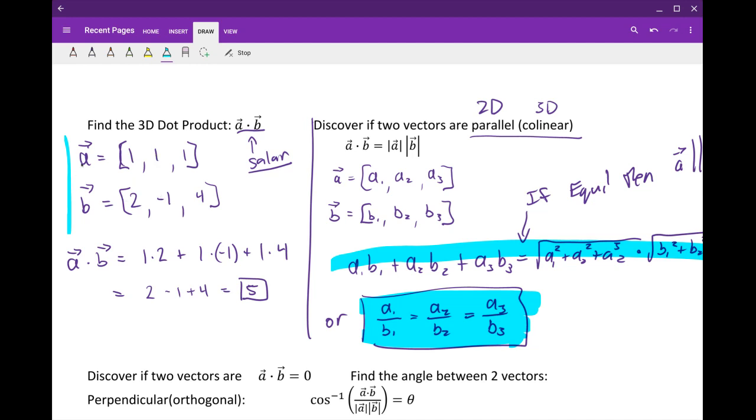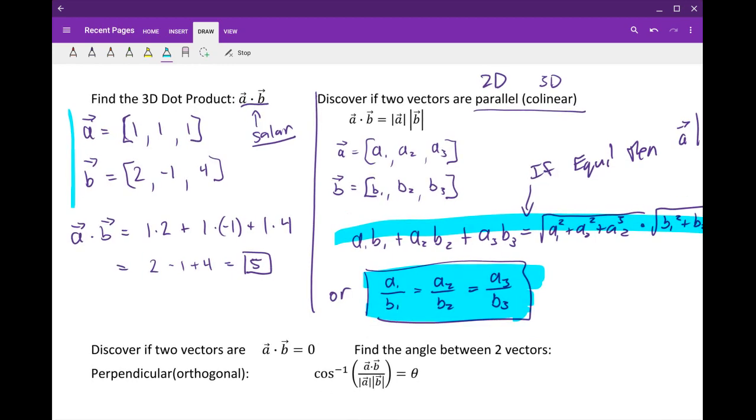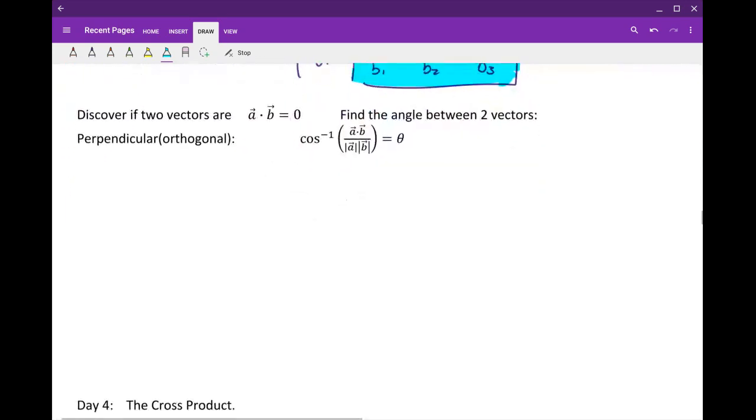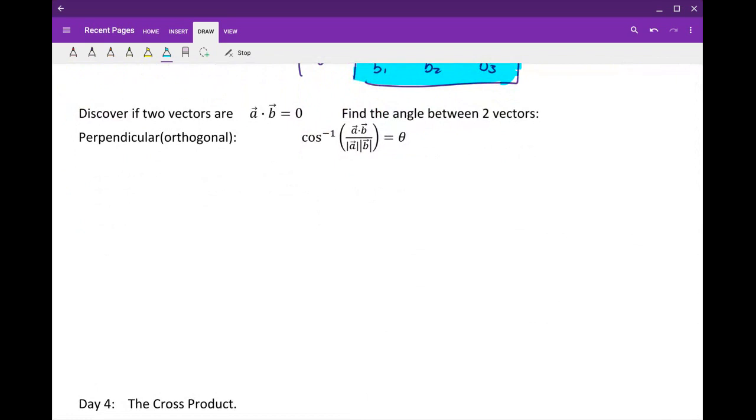And so therefore these two vectors are not parallel, because in order for two vectors to be parallel, the ratios of their x components, their y components, and their z components must be equal. So that's an easier way of determining if two things are parallel, also known as collinear.